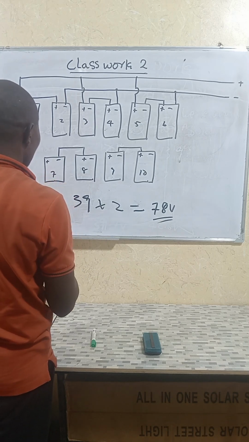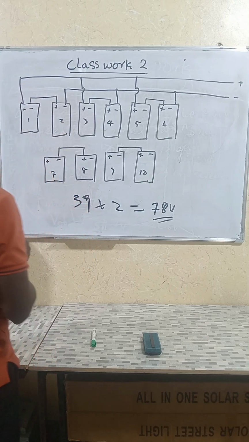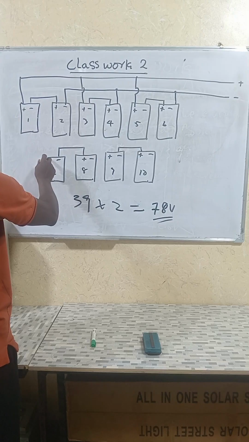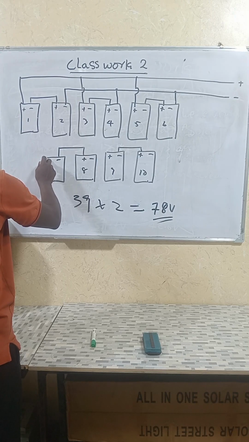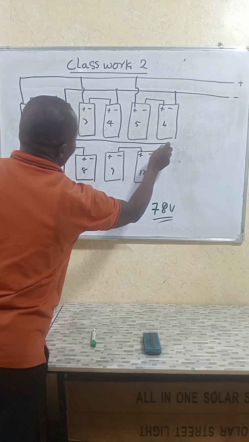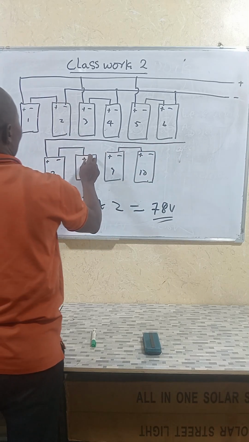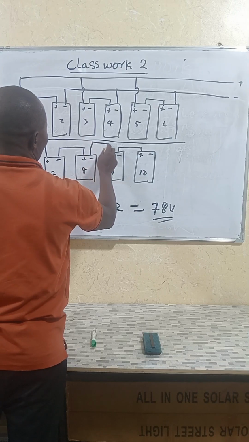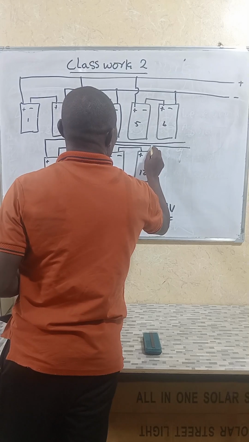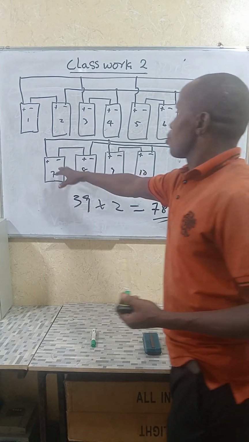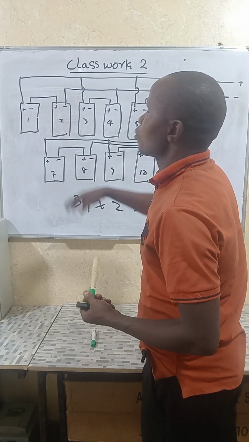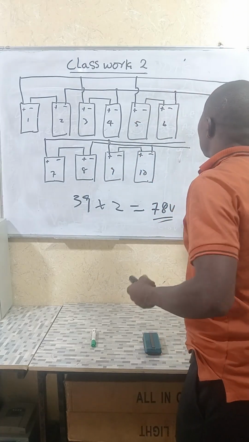We are still having 4 panels under. Connect these two in series, connect these two in series, then connect these four together in parallel.